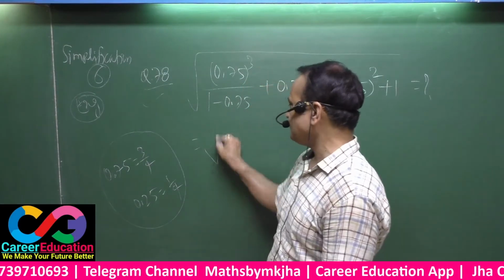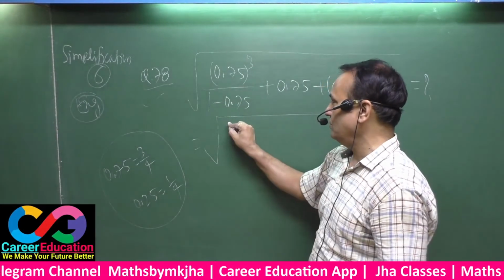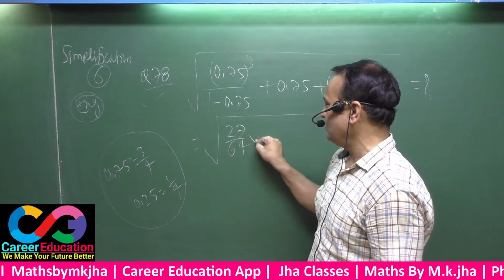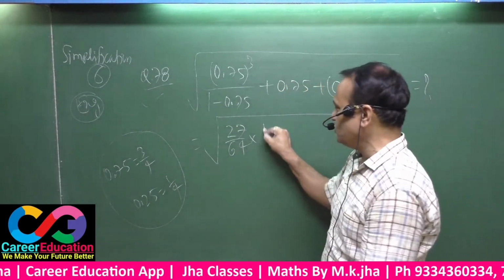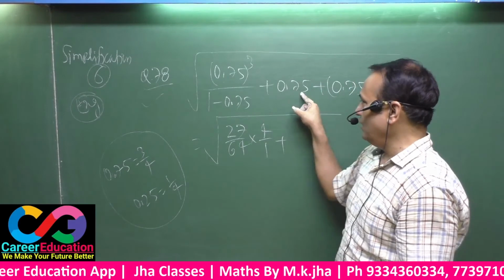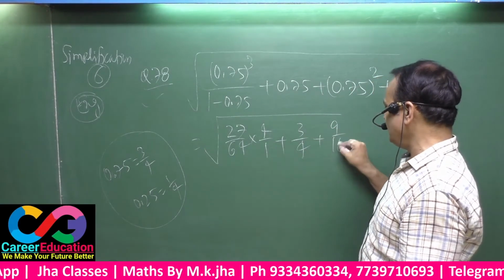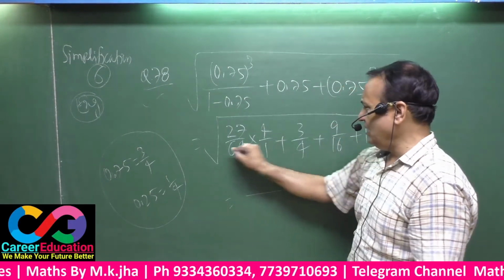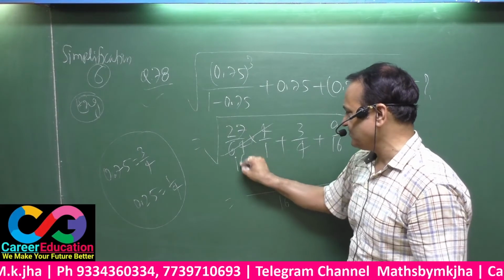See here, under root. Now 3 by 4 whole cube, you may write down 27 by 64, divided by 0.25, which is 1 by 4, this will be 4 by 1, plus 0.75, 3 by 4, 9 by 16, plus 1 under root. Now see here, LCM will be 16.